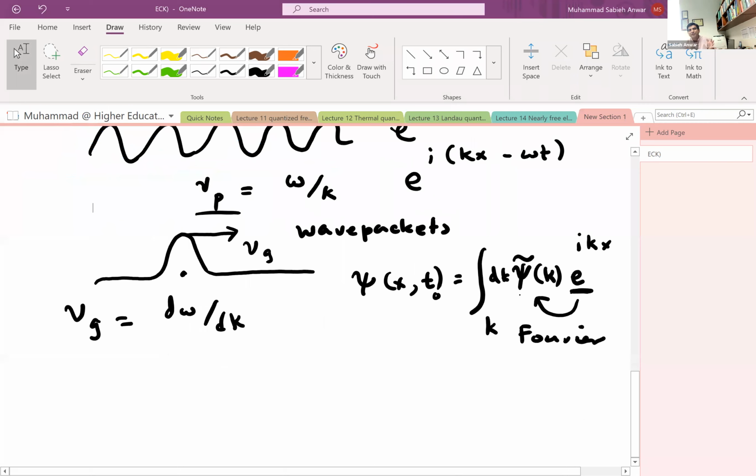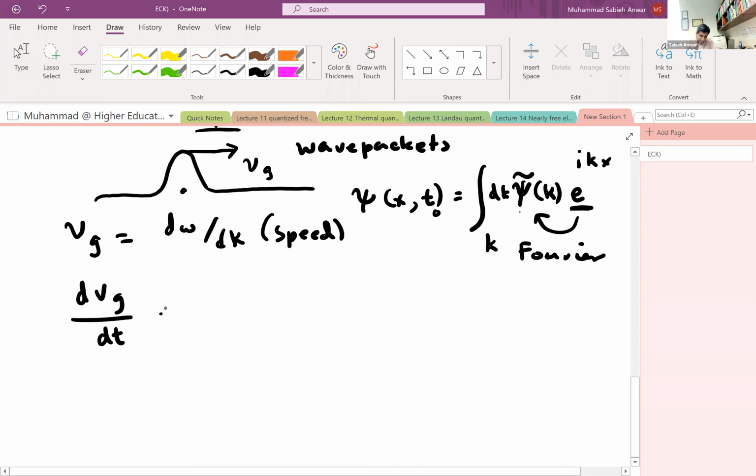But this group velocity is the velocity at which the information is traveling, and the information here is the electron density. So this is representative of the speed of the electron. If I take the derivative of this speed, I will get something that is proportional to the acceleration.